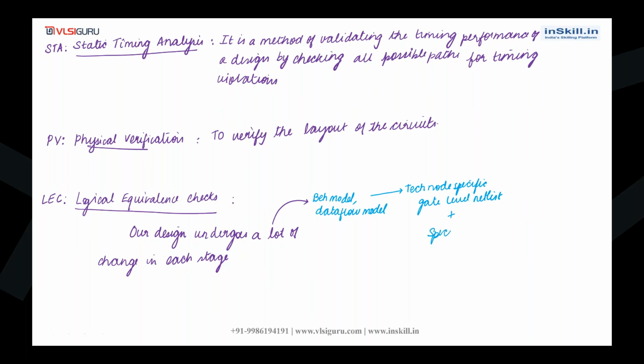So the code got converted into a technology node specific gate level netlist, and for low power design, isolation cells, clock gators and so on are also added.